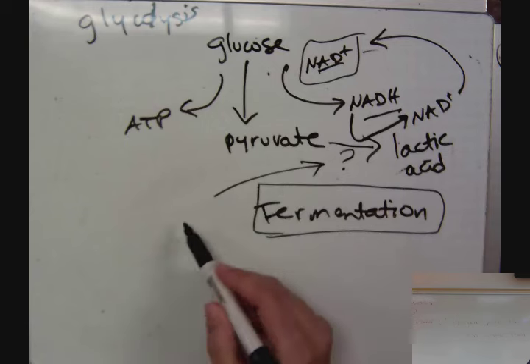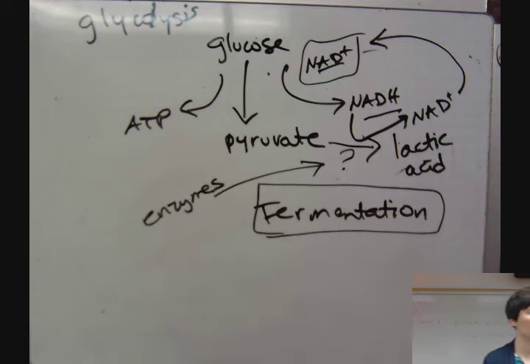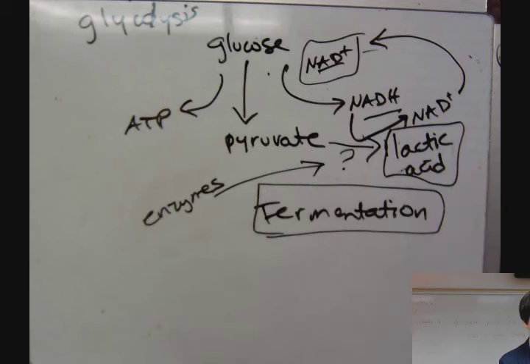So lots of different enzymes are involved in fermentation, depending on the specific microbial context. And that means that there are different products. So some microbes take pyruvate and make lactic acid, but some of them make carbonic acid, and some of them make propionic acid.